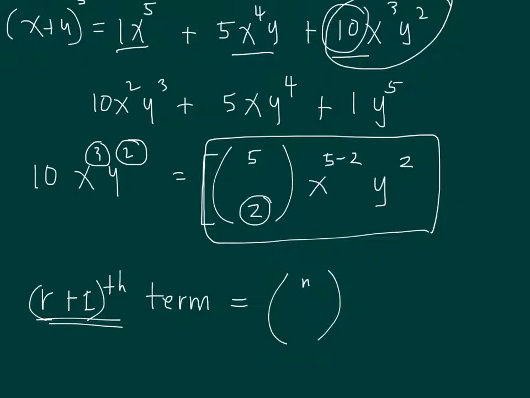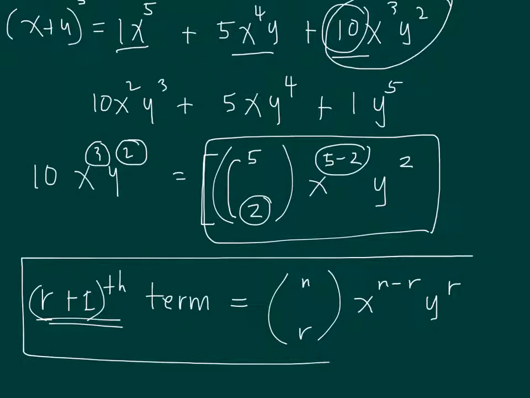So if I have r plus 1, that's one more than r, then the number should be r. And then the x will take, from 5 minus 2, deducing that this is n minus r. So you subtract 2 from 5, n minus r. And then the y will take the value of r. So this will give us any term in the expansion.